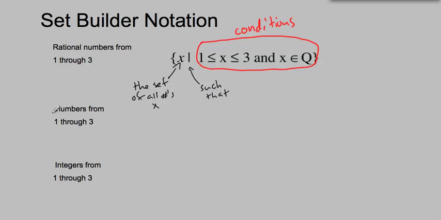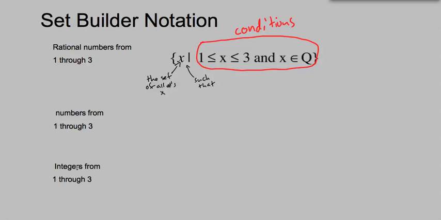So let's try and look at numbers from 1 through 3 with set builder. The nice thing about set builder is we can write pretty much anything we want to using it. It's going to be a pretty standard way that we could write almost any set of numbers that we're trying to define, because all we have to do is keep adding rules until it's met all the requirements that we want for our set.